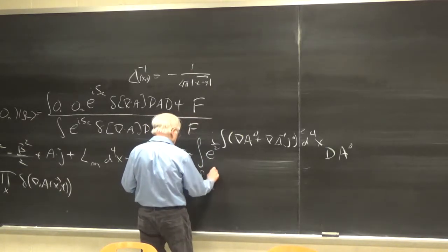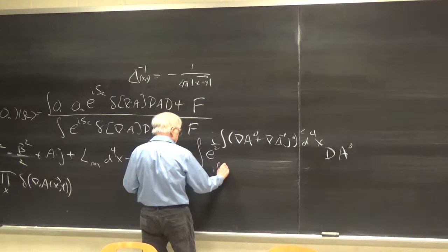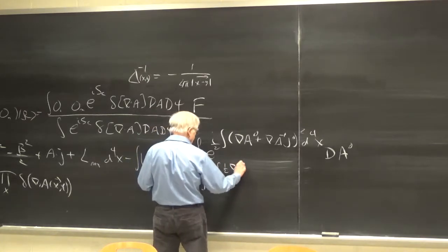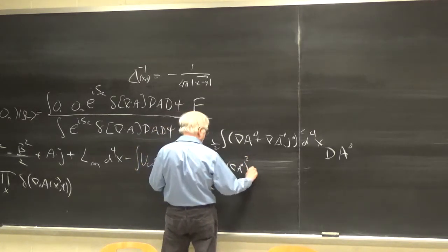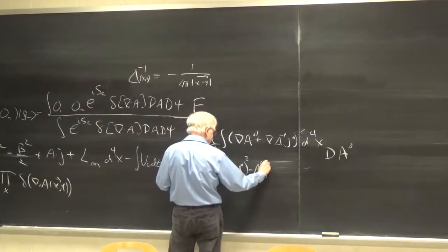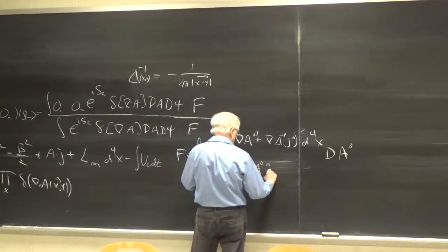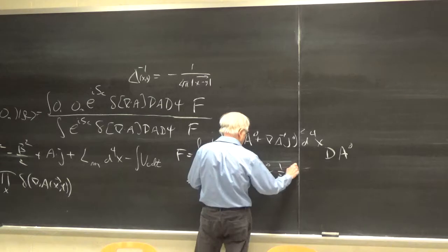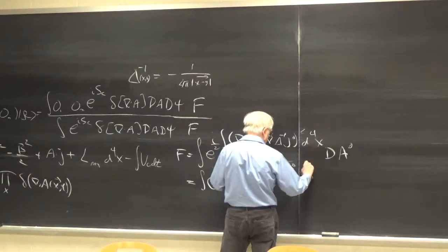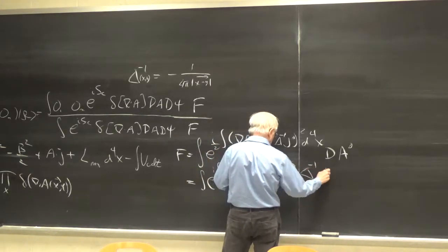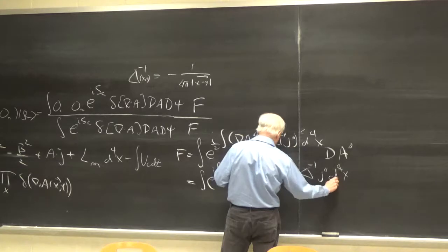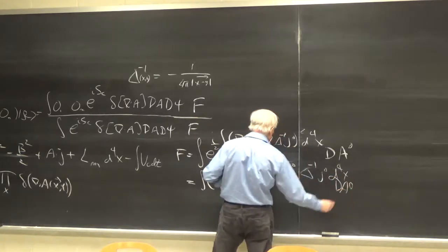So this is the integral of a half grad A0 squared minus A0 J0 minus a half J0 inverse Laplacian J0 d4x dA0.